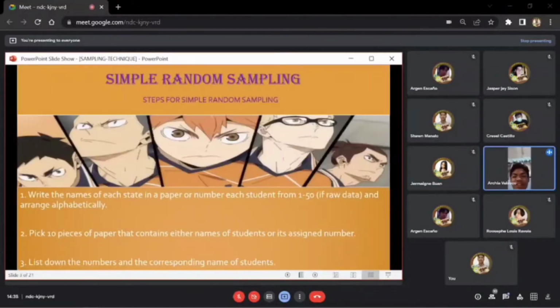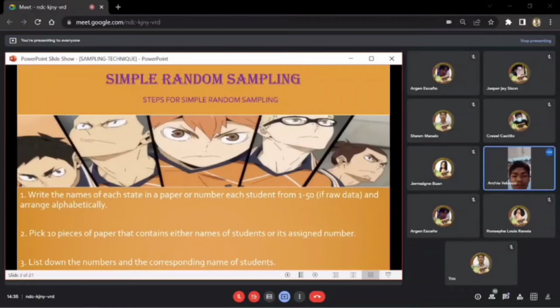So these are the steps for simple random sampling. Number one, write the names of each student on a paper, or number each student from 1 to 50 if raw data, and arrange alphabetically.